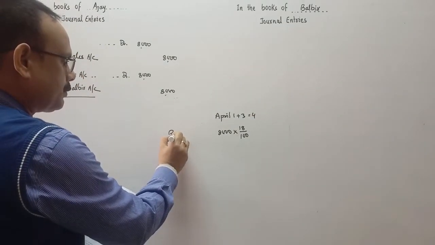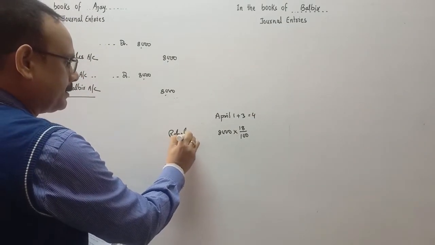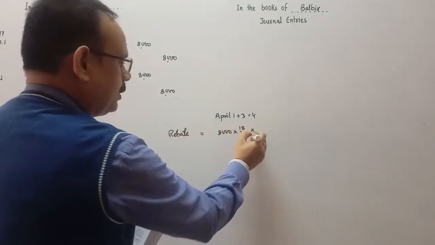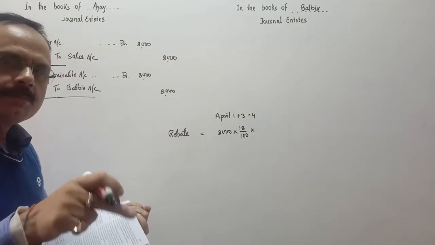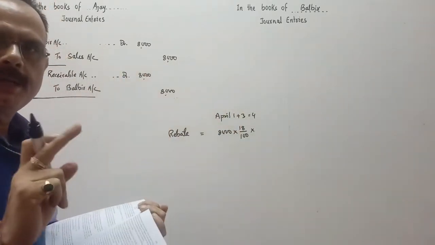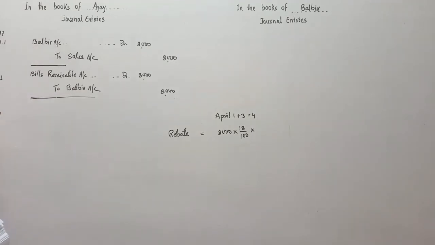I am going to calculate the rebate. The bill is paid 1 month before the due date. The due date is 4th April, but here Balbir is going to pay the amount because he has surplus funds. He is going to settle this amount on March 4, 1 month before the maturity period.